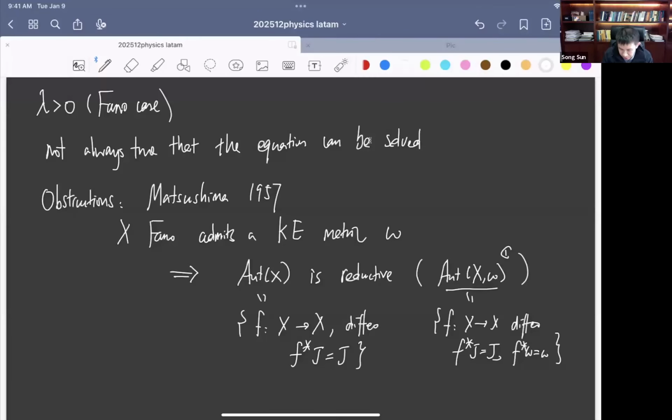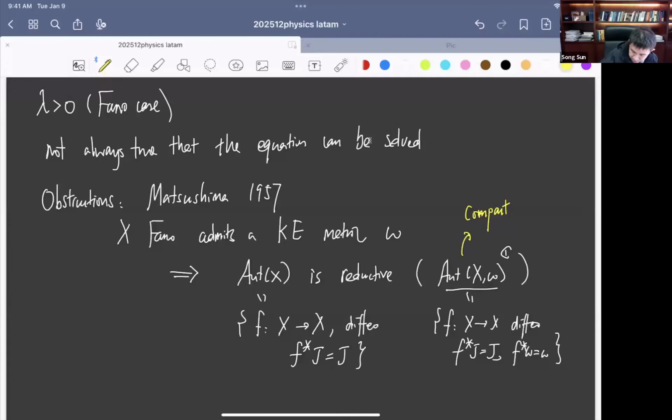In particular, this is a compact group. So the automorphism group is a complexification of a compact group.